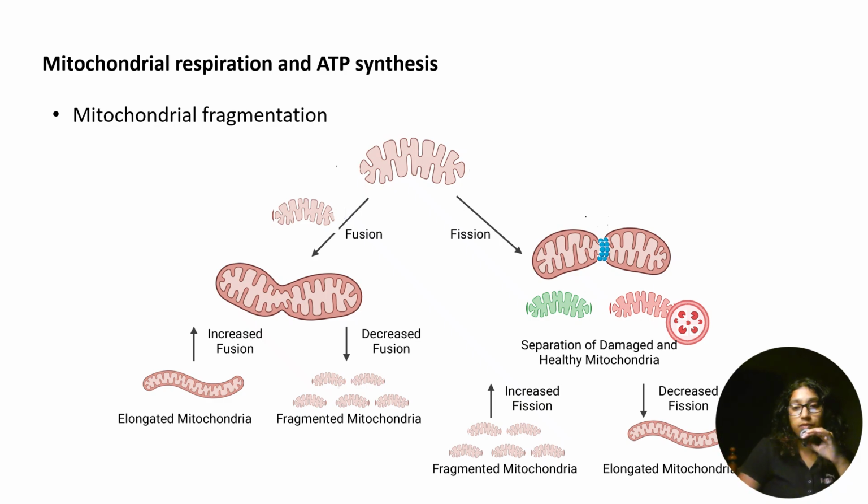So the fission activity is increased, and you can see smaller mitochondria with less mass and less vigor in the outer membrane and the inner membrane. This is the part where it's easy to understand the relation between mitochondrial health and the sleep pressure. So look out for this.